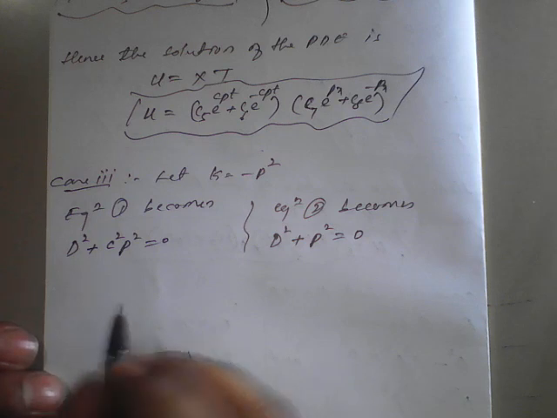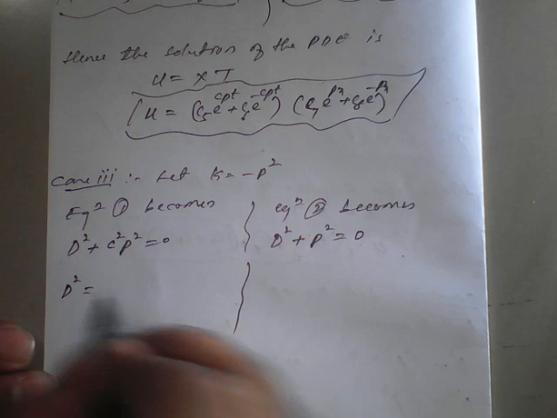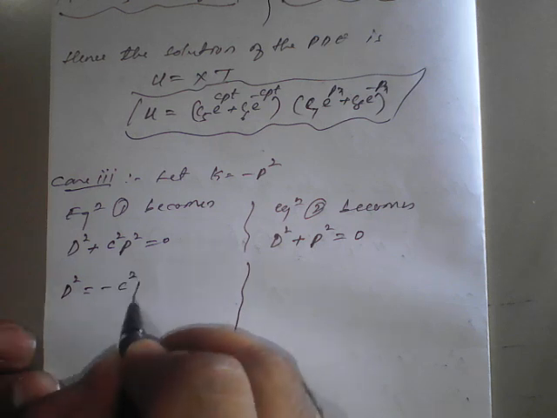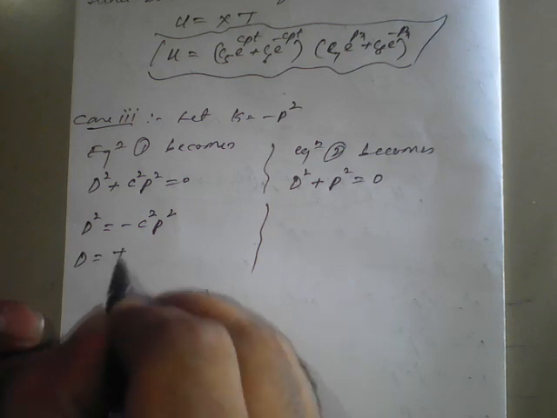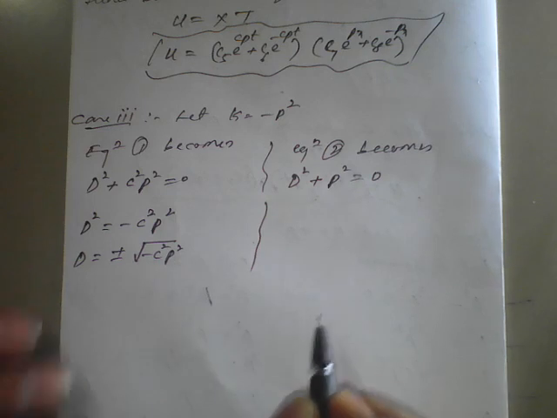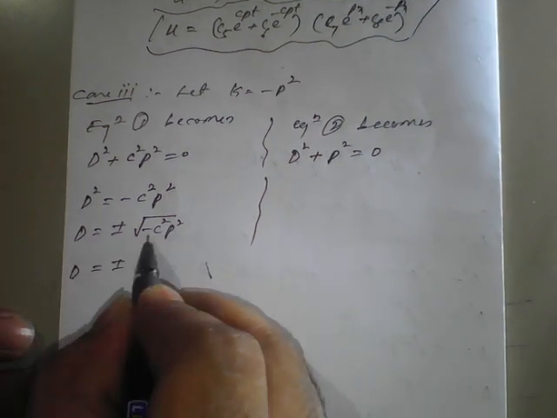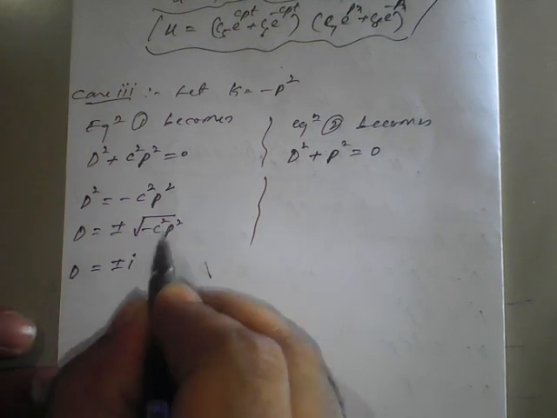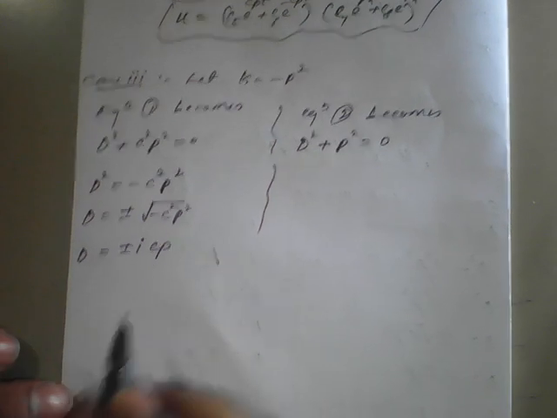So on simplification, d square is equal to minus c square p square, which is nothing but d is equal to plus or minus square root of minus c square p square, which is d is equal to plus or minus i cp, since the square root of minus 1 is i and the square root of c square p square is cp. So this is a complex root.